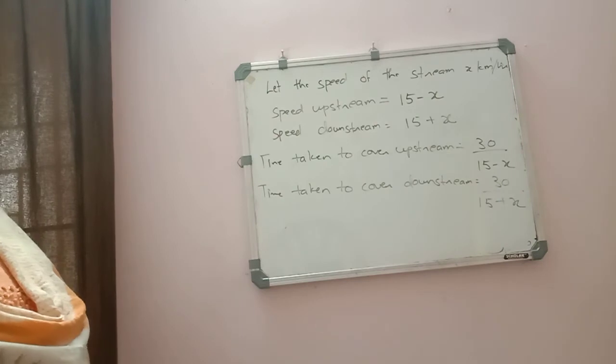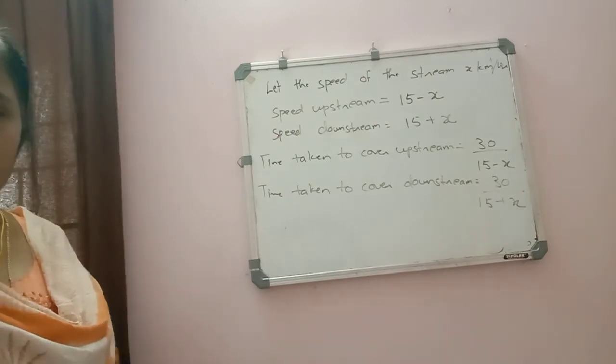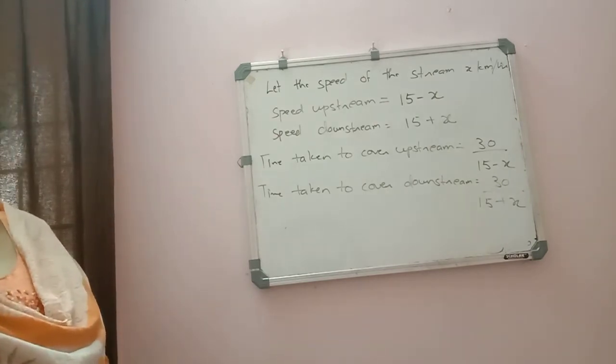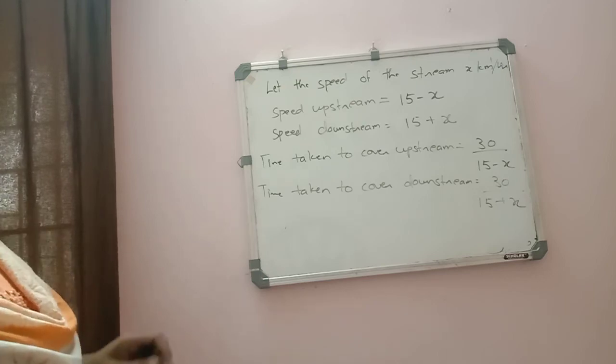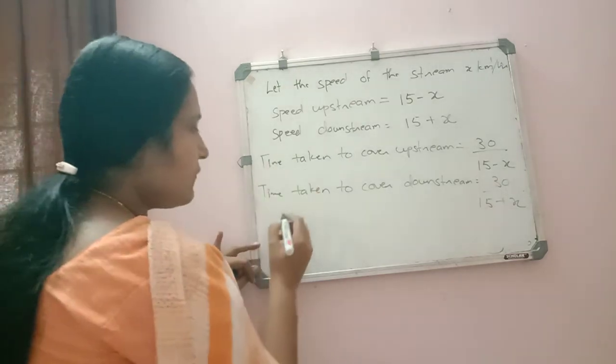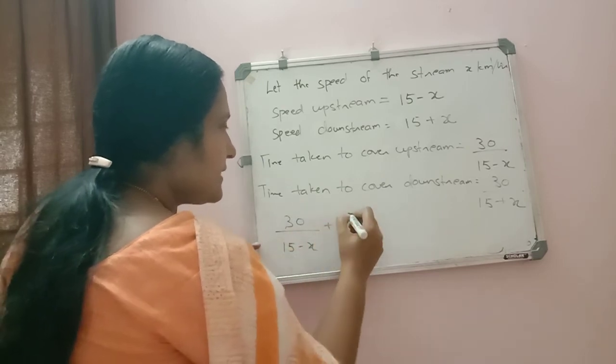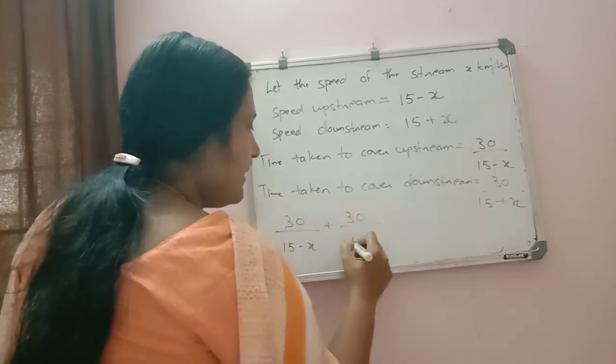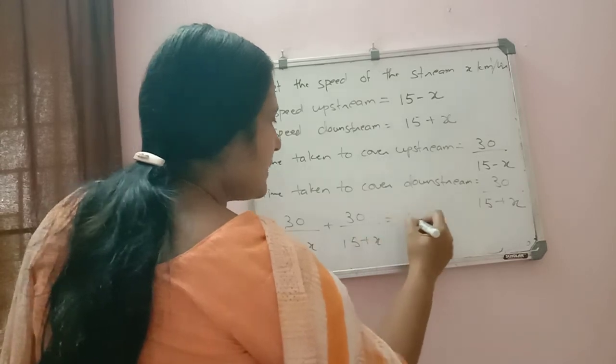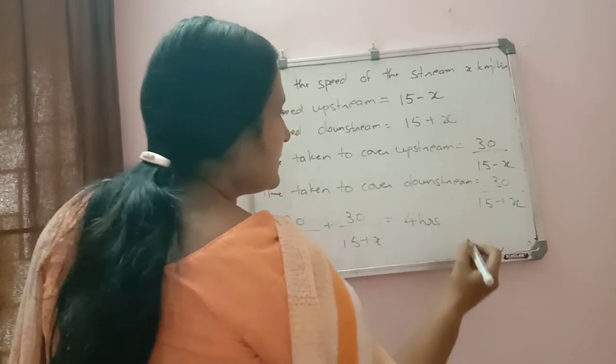Now read the statement. It says it can go 30 km upstream and return in 4 hours and 30 minutes. So the time taken is 4 hours and 30 minutes: 30/(15 minus x) + 30/(15 plus x) = 4 hours and 30 minutes.